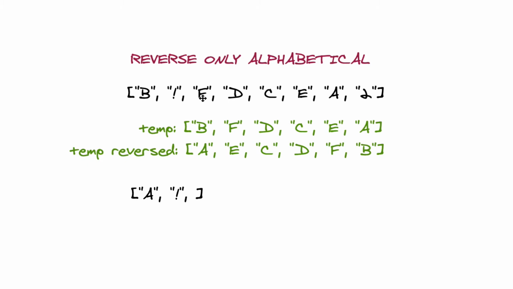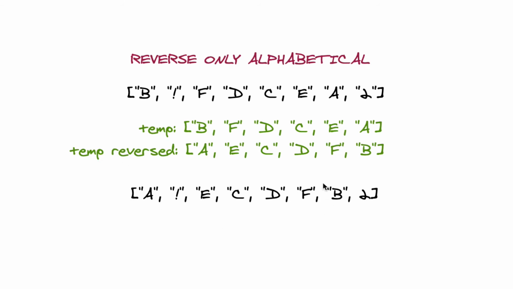Then instead of F, we'll push E. Instead of D, we'll push C. Instead of C, we'll push D. Instead of E, we'll push F. And instead of A, we'll push B. And then when we get to the 2, we'll stick it back in. And ta-da! This is the array that we want.